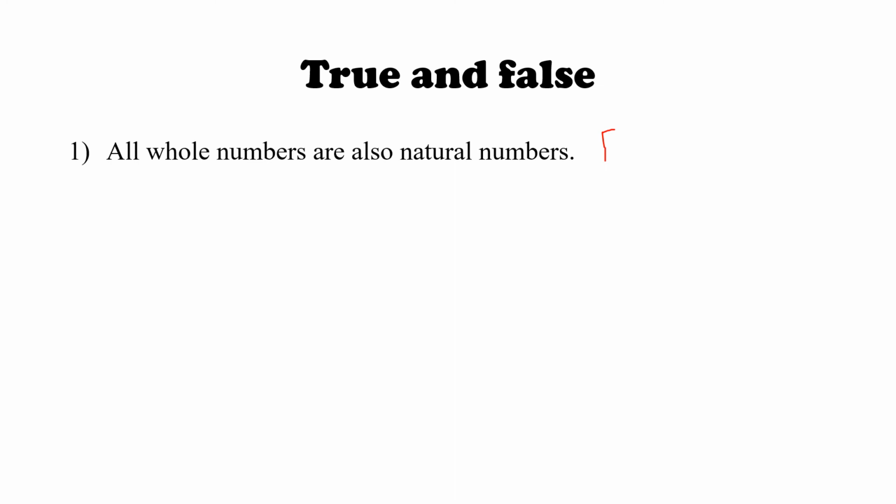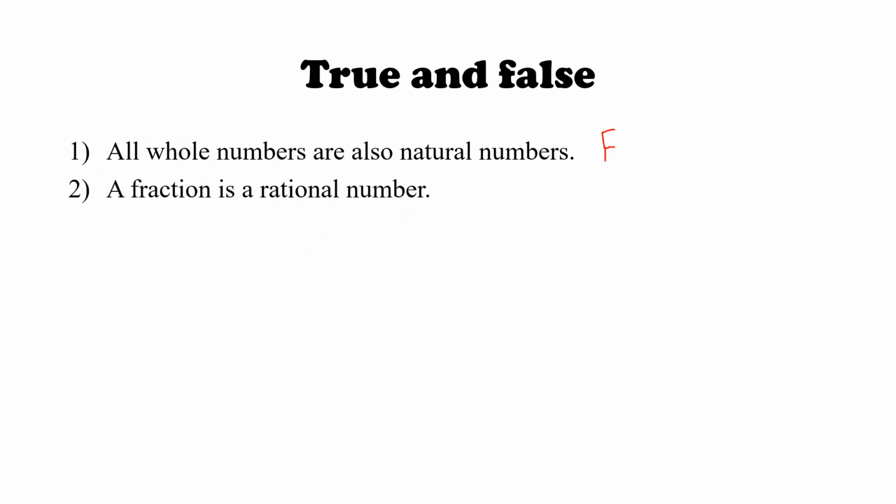There is one whole number that is not a natural number, and that is 0. 0 is a whole number, but 0 is not a natural number. So then I cannot say that all whole numbers are natural numbers. That will be false. Yes, very close, but no.